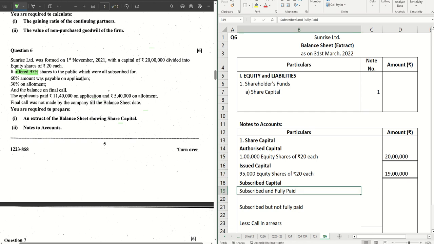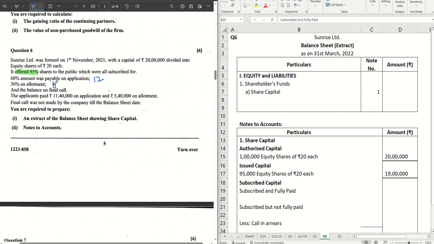Let's move on. 60% of the amount was payable on application, 30% on allotment. So 60% of 20 is 12 rupees payable on application. 30% on allotment is 6 rupees on allotment.